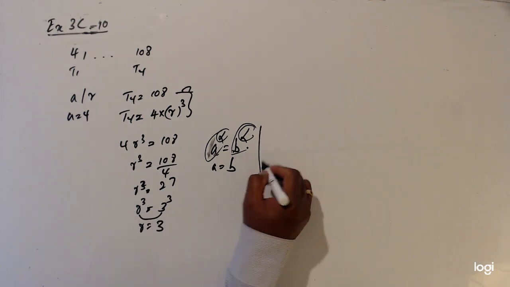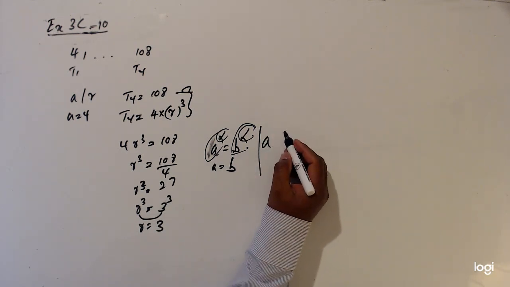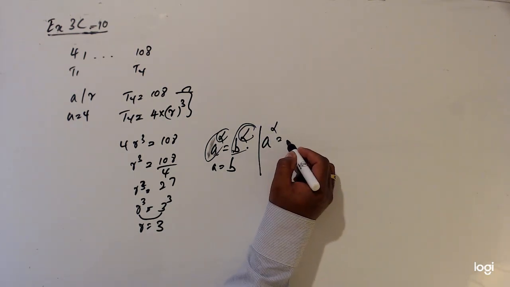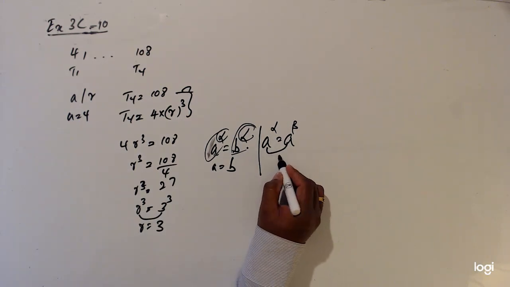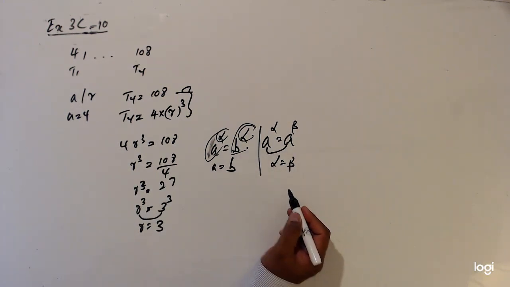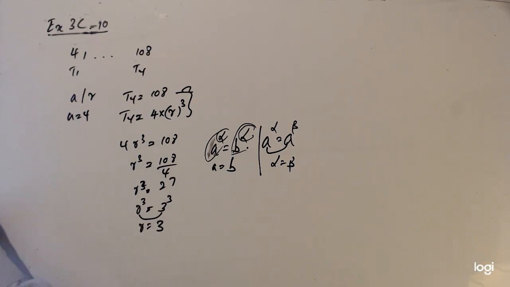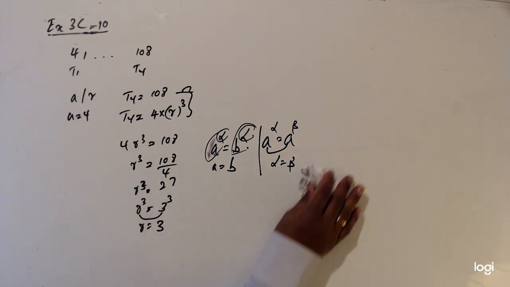Last time I discussed a to the power alpha and a to the power beta. Since the base is similar, alpha equals beta. Now this is the other way around. Yeah, r equals 3.